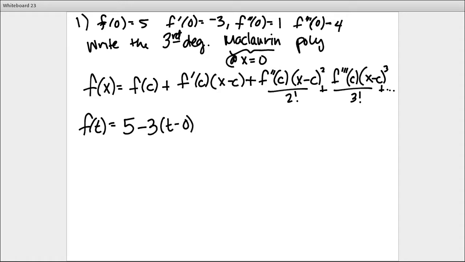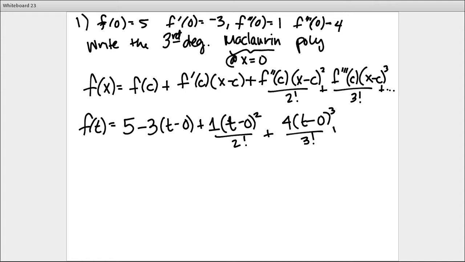But I can just leave t. And then plus a 1 times t minus 0 squared over 2 factorial, and then plus a 4 times t minus 0 cubed over 3 factorial. It technically keeps going, but for the third degree polynomial, we would just stop right there.